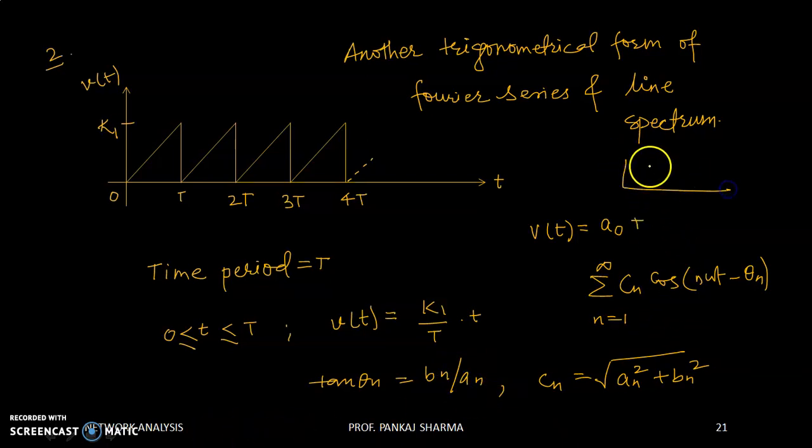That means theta n is equal to tan inverse bn by an. This is your complete analysis.